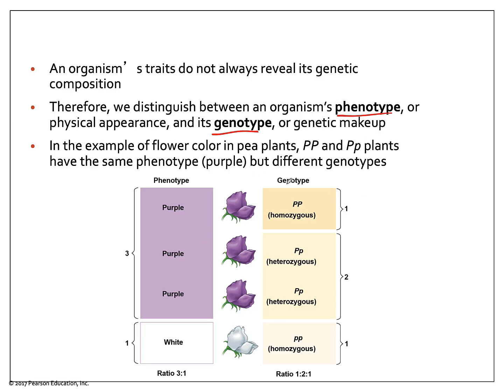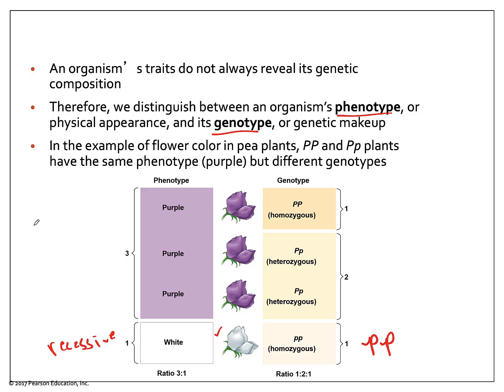It's hard to distinguish what the genotype of a plant is from just the phenotype. If the phenotype in this example is white, we can figure out the genotype. When we're looking at the recessive trait, you are going to be able to figure out the genotype. You know that it has to be little p, little p. That's the only way to get white flowers.